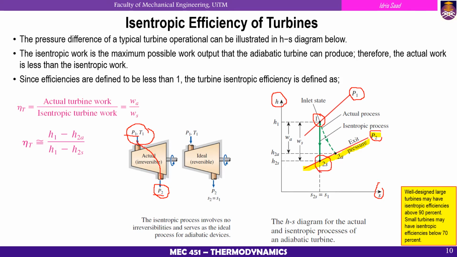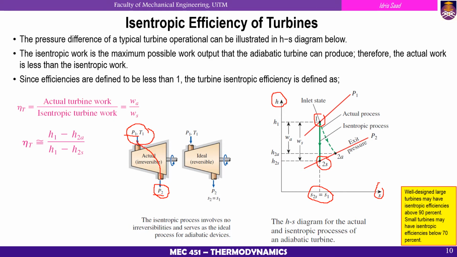State 2s is the exit state of the turbine under the condition of the isentropic or ideal process. As we defined earlier, for an isentropic process S1 is equal to S2, so S at state 1 is equal to S at state 2. So here we write S2s is equal to S1.